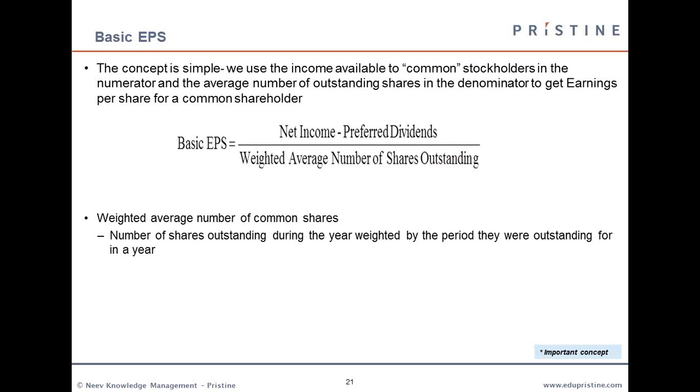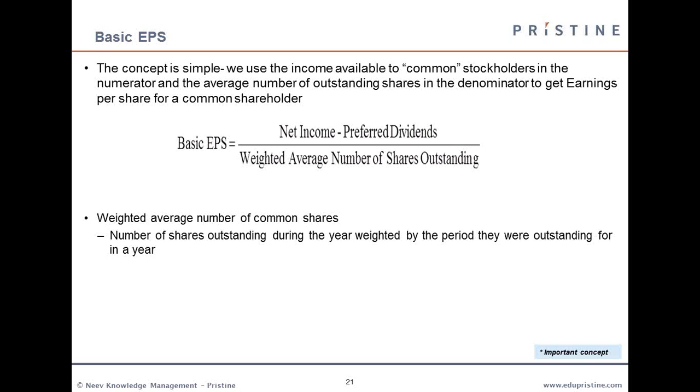Let's see what each of them means. Basic EPS, the concept is pretty simple. We try to find earnings per share. The earnings or income available to common stakeholders is in the numerator, and the denominator has the average number of outstanding shares.